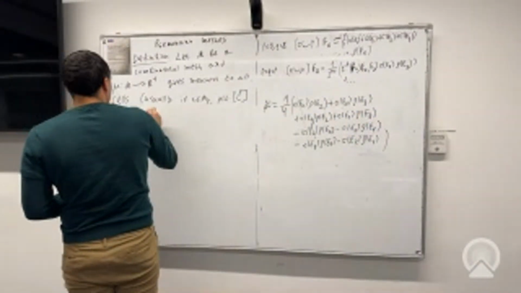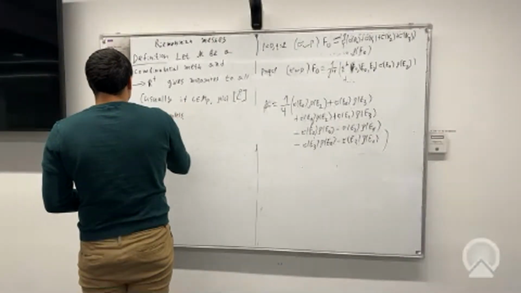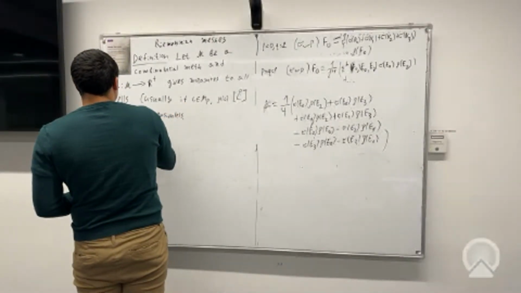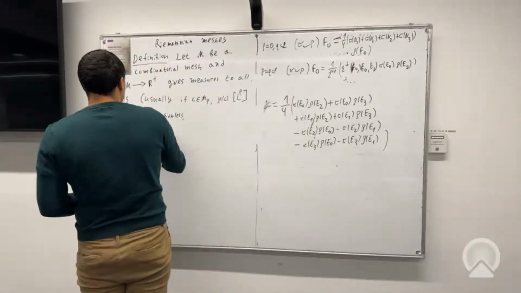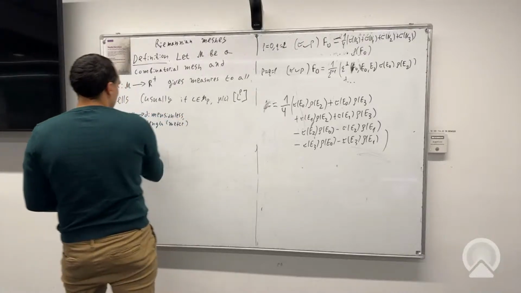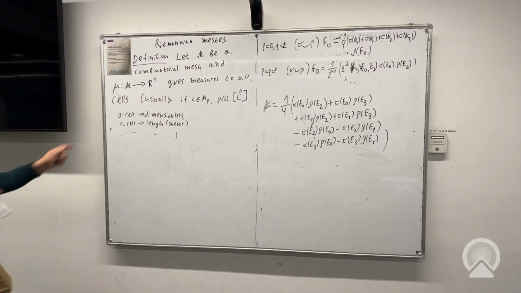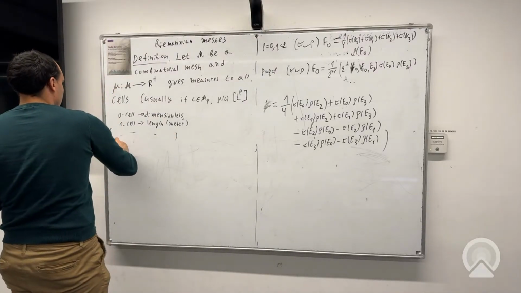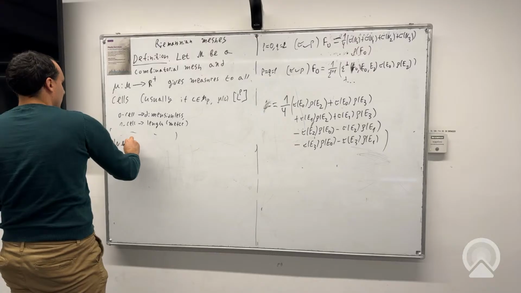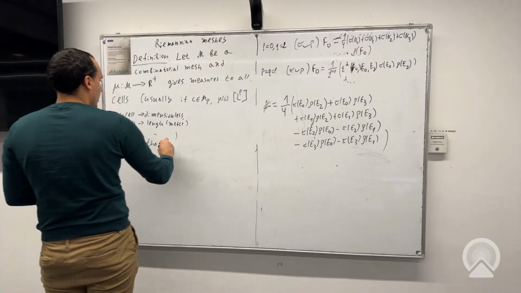Zero cell is dimensionless. One cell is per meter, and so on. I will not write everything. And we say that M with mu is a Riemannian mesh.